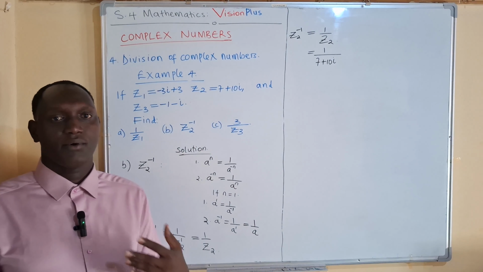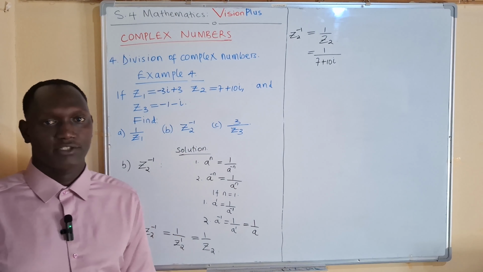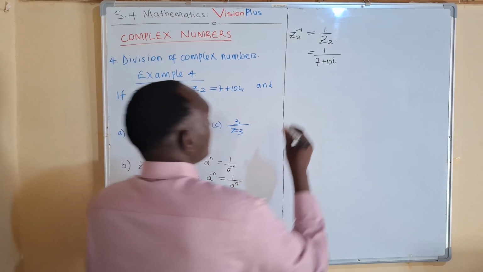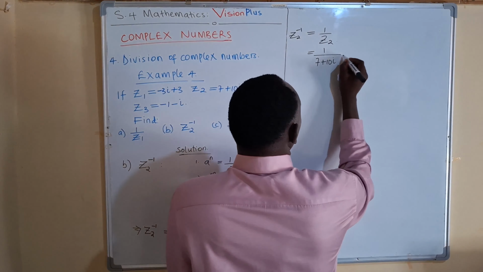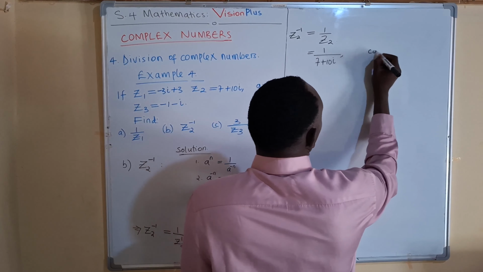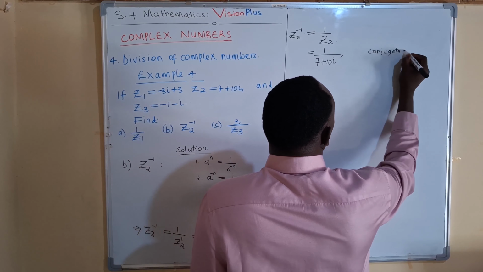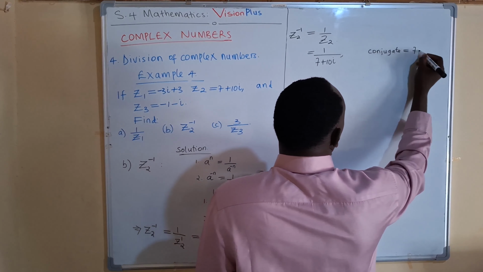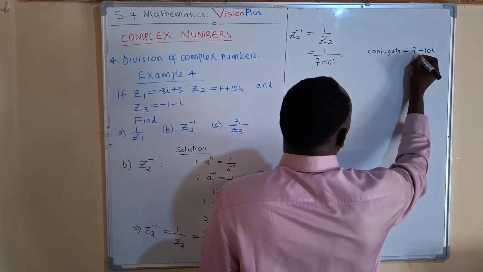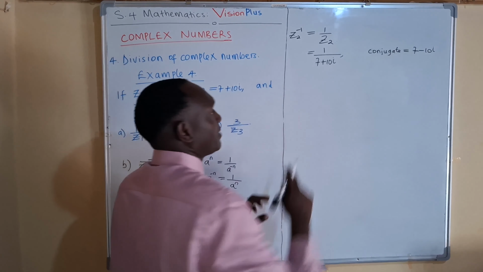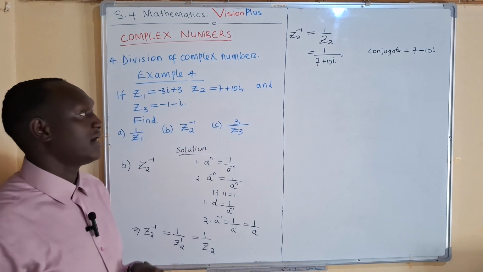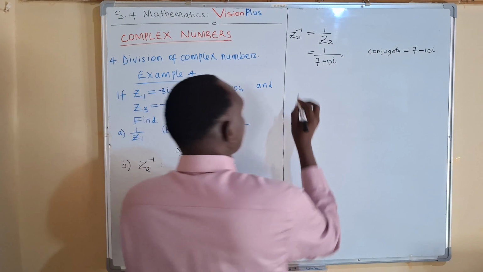It has both the real and the imaginary part, so we need to get the conjugate. The conjugate becomes 7 minus 10i. We simply change the sign of the imaginary part. After this, we multiply.